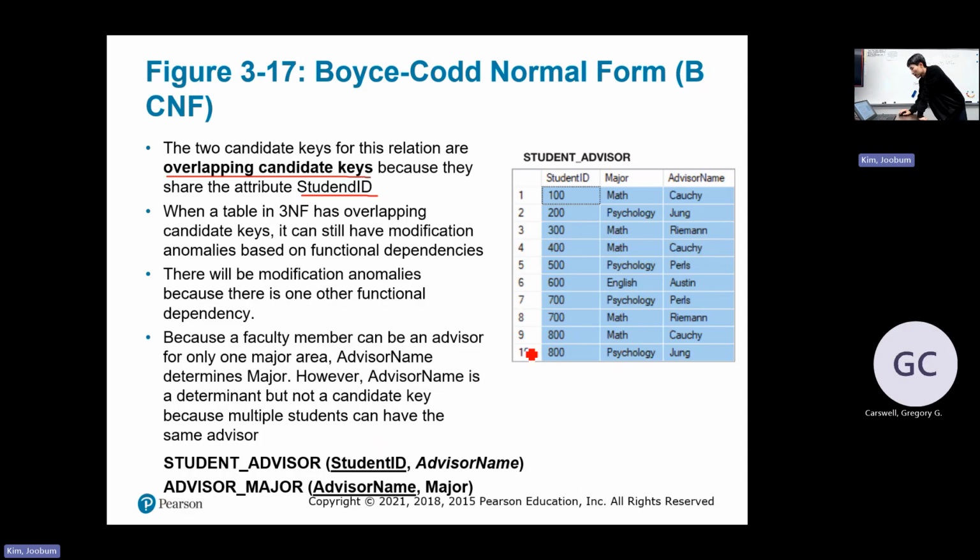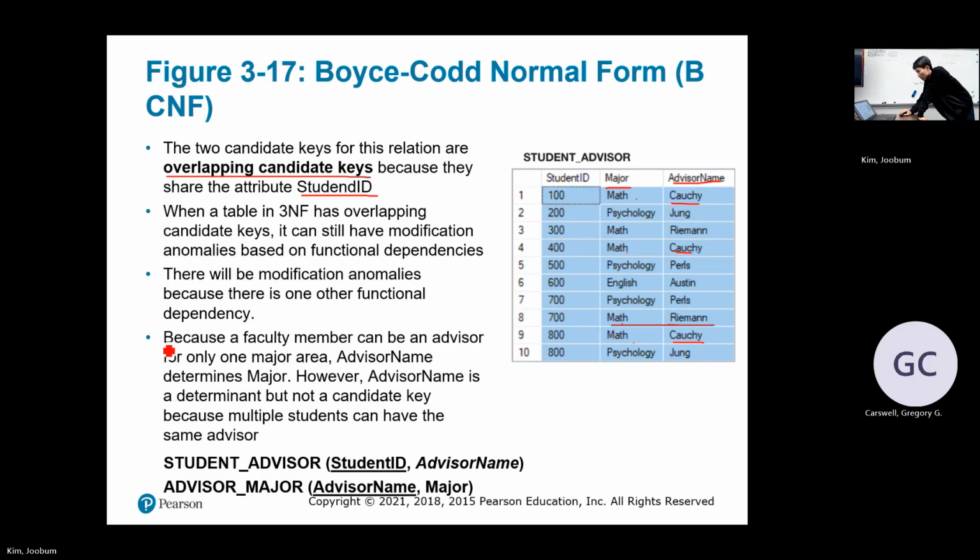And then, think about that: advisor name and the major relationship. Advisor name can determine major. What do you think? Yes, right. Riemann determines math, Cauchy math, Cauchy math.